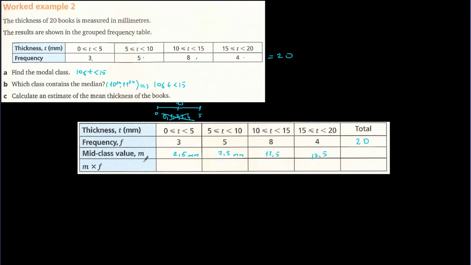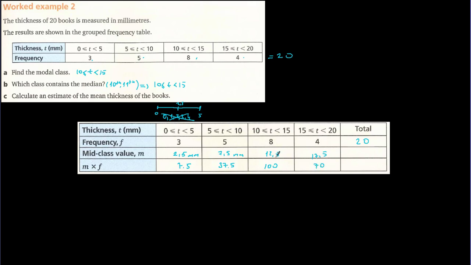Here, as I said at the beginning, there are totally 20, and here we are going to multiply and find the class values. 3 times 2.5 makes 7.5 millimeters. 5 times 7.5 is equal to 37.5. 8 times 12.5 is equal to 100, and 4 times 17.5 is going to be equal to 70.